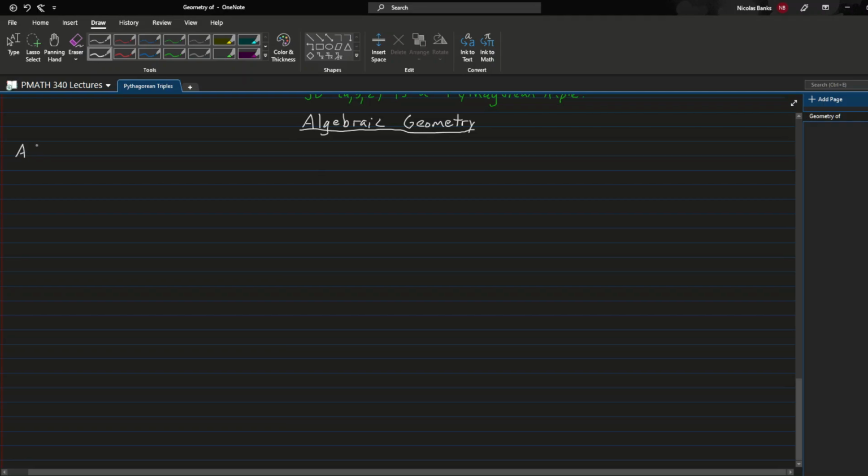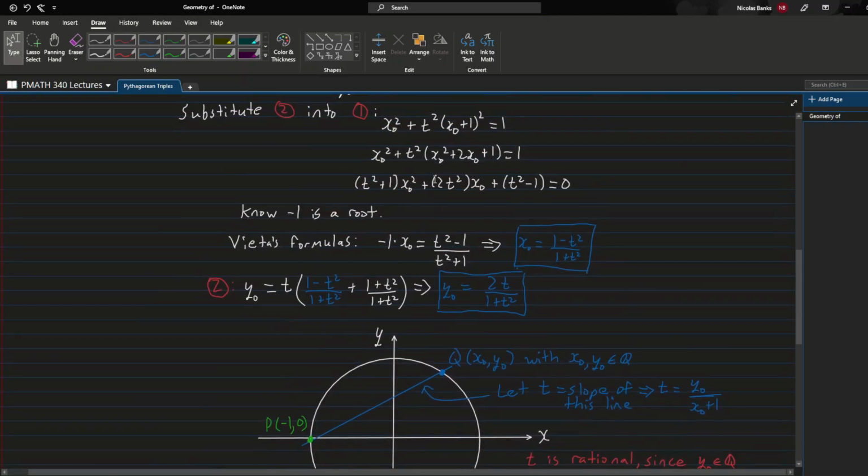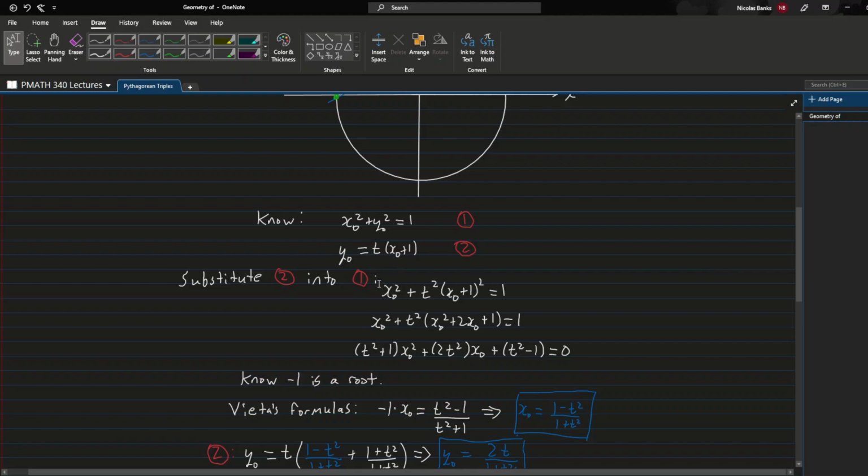So AG, algebraic geometry, can be described as the study of systems of polynomial equations. I mentioned this very briefly when we wrote down that system of two equations above. So we had two quadratic equations. Well, actually no, one quadratic and one linear.